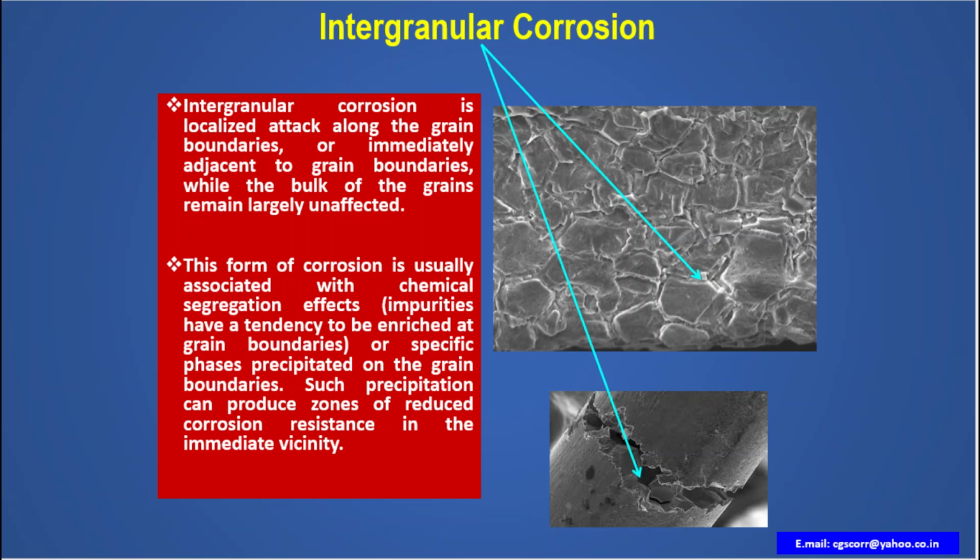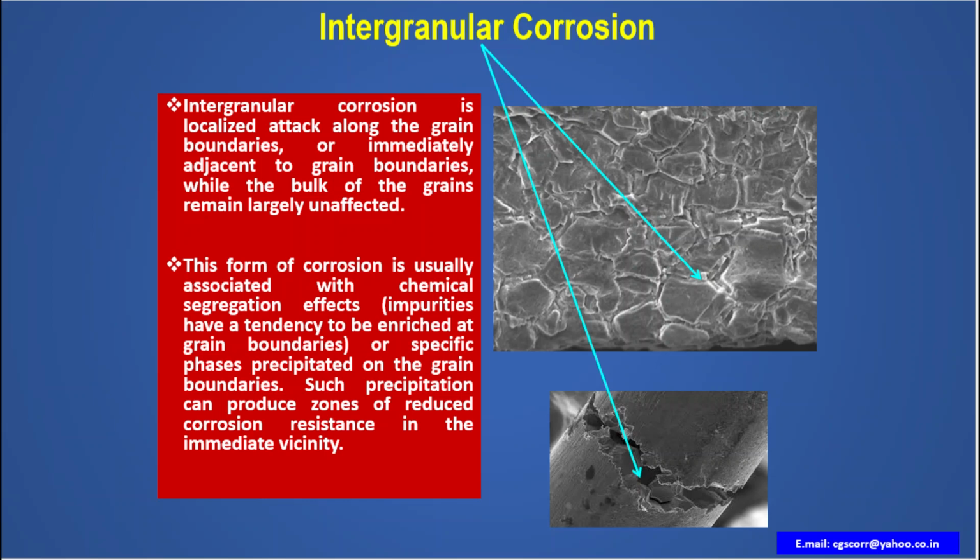The figure on the top right shows white colored patches along the grain boundaries, which show the corrosion along the grain boundaries. This form of corrosion is usually associated with chemical segregation effects, where impurities have a tendency to be enriched at the grain boundaries.